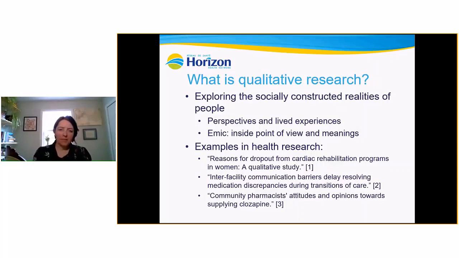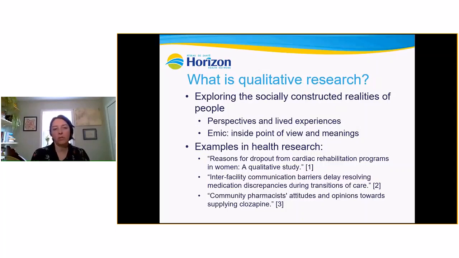And some examples in health research that I just grabbed: reasons for dropout from cardiac rehabilitation programs in women, a qualitative study; interfacility communication barriers delaying resolving medication discrepancies during transitions of care; community pharmacists' attitudes and opinions towards supplying clozapine. So you can see there, it isn't necessarily patient focused.